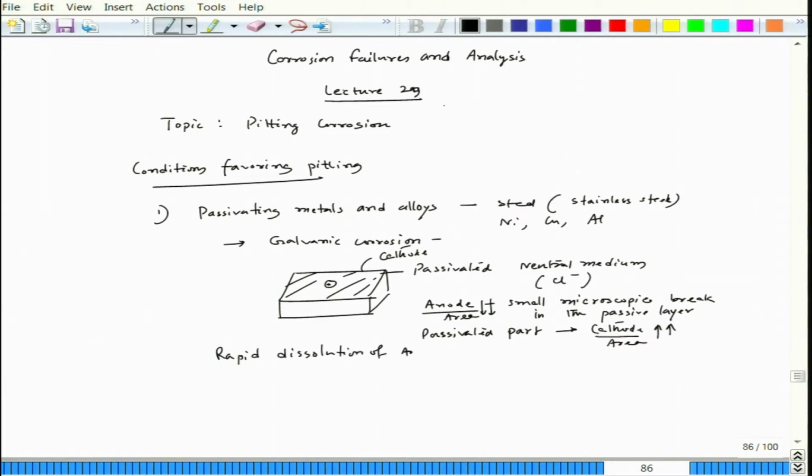of the anode portion, and remember this is microscopic. Interestingly, when it happens, galvanic corrosion takes part, and let us say oxygen is there, that means dissolved oxygen is there, and it is a neutral media, so this is the cathodic reaction.